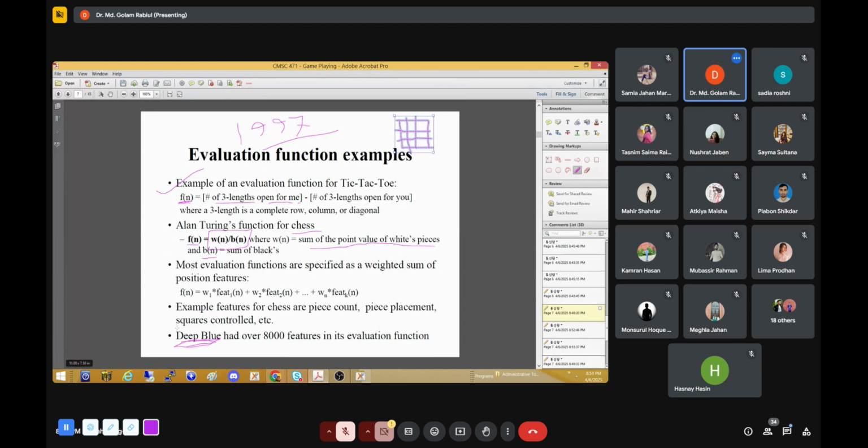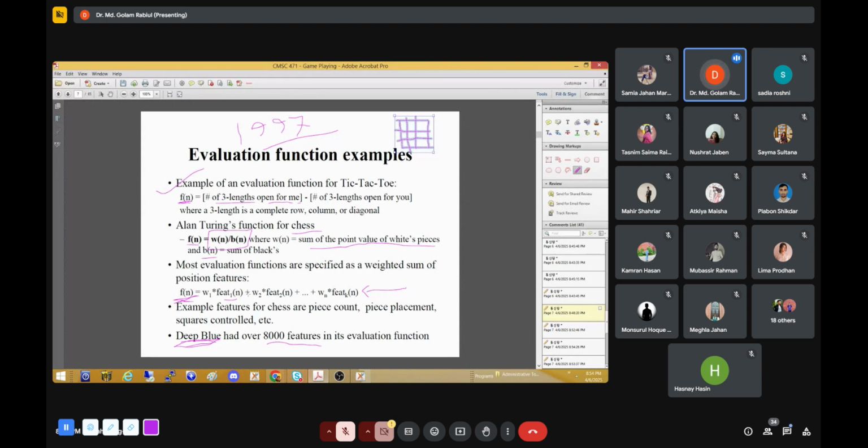In Deep Blue, we designed the f(n), the evaluation function, and in that evaluation function we considered a total of 8,000 features. The function is designed this way: W1 is the weight of feature 1, W2 the weight of feature 2, up to the weight of feature n, each multiplied by its feature.